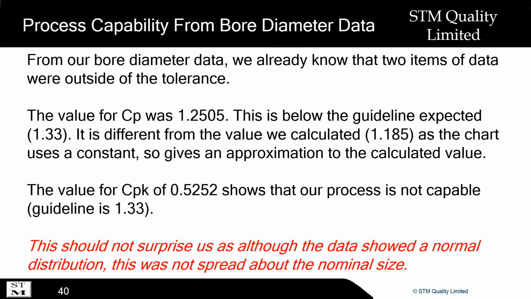The value for CPK of 0.5252 shows that our process is not capable, as the guideline is 1.33. This should not surprise us, as although the data showed a normal distribution, this was not spread about the nominal size.